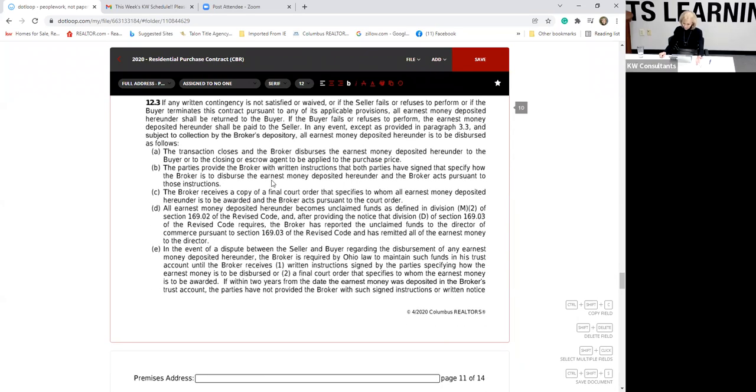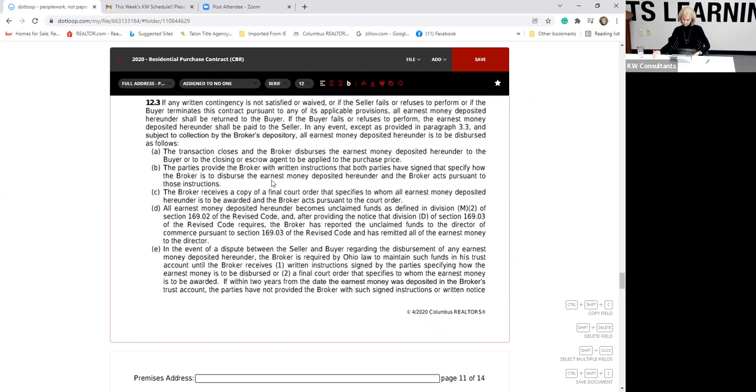And then 12.3, this says what happens to the earnest money. In different places in the contract, if you don't get your financing, your earnest money is returned. If this doesn't happen, you get your earnest money returned. Well, 12.3 says that if this contract falls apart, you don't get your earnest money back until we get a mutual release signed by the seller.